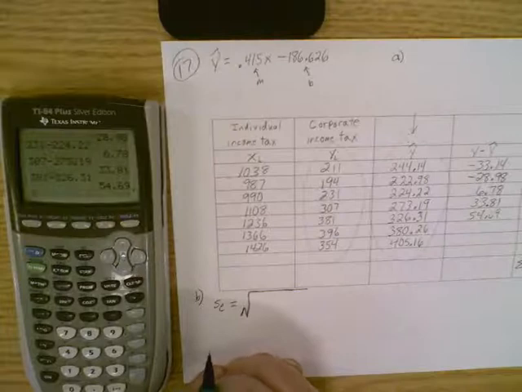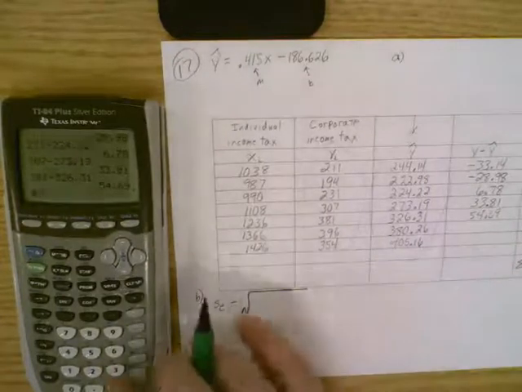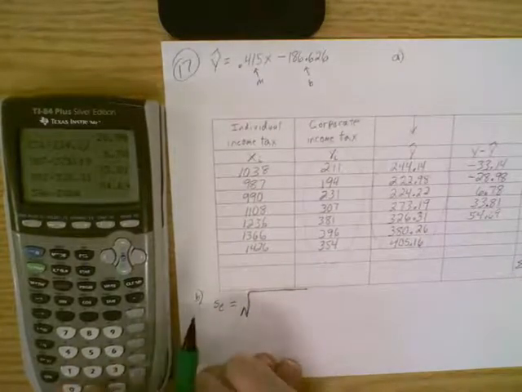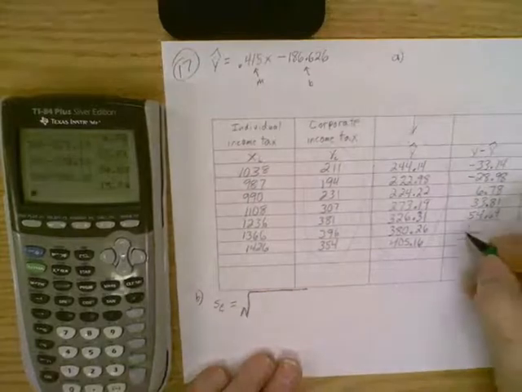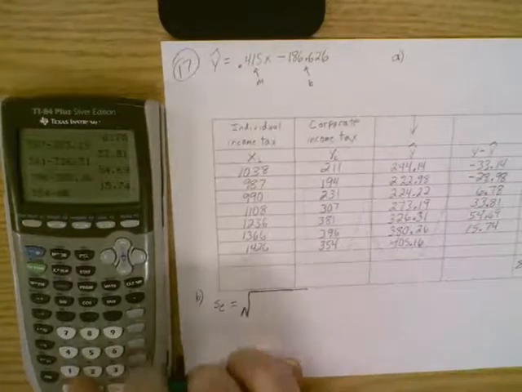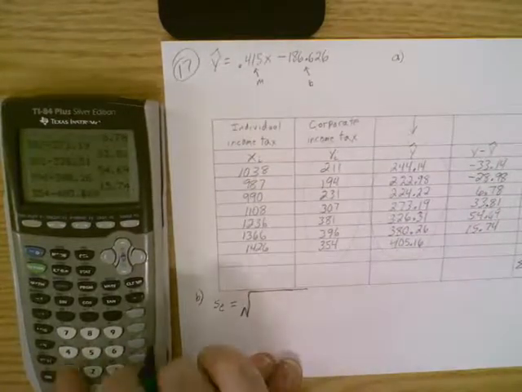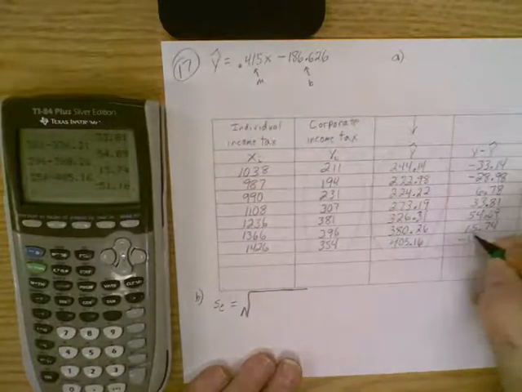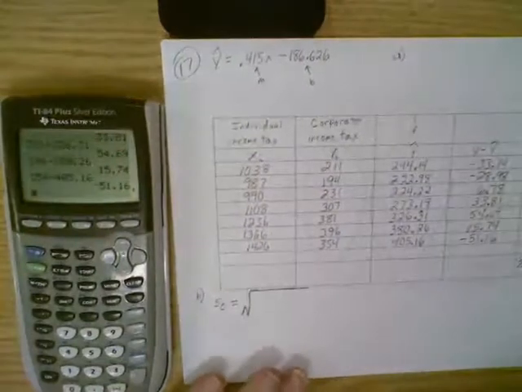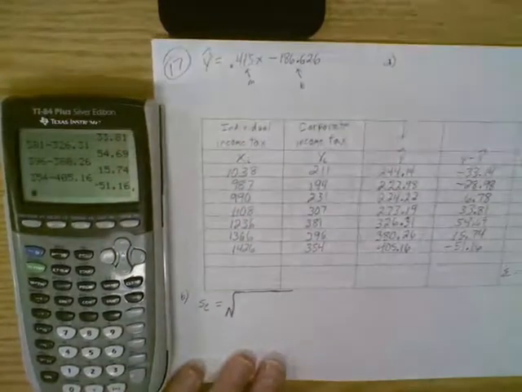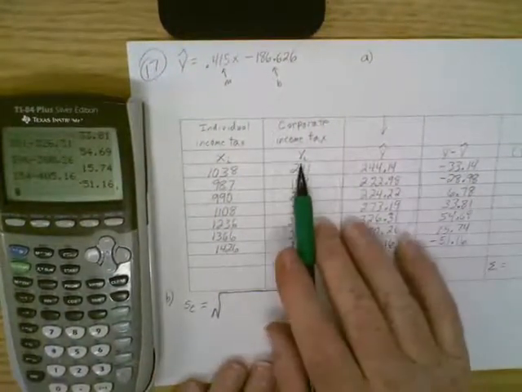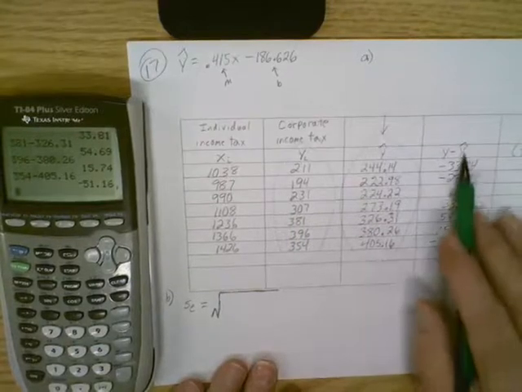Oops, 381, okay, I did that right. 396 minus 380.26, you get 15.74. 354 minus 405.16, negative 51.16. So that's that whole column. So that's just y, what we got in our data, minus our predicted y's.